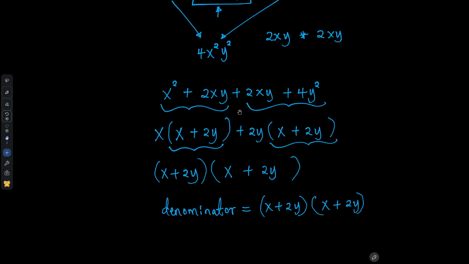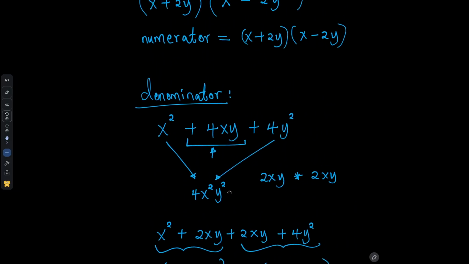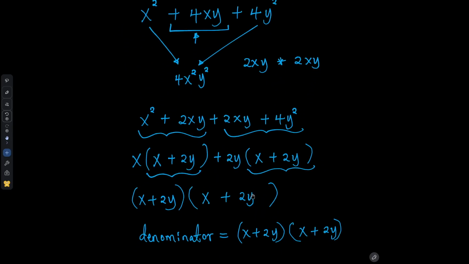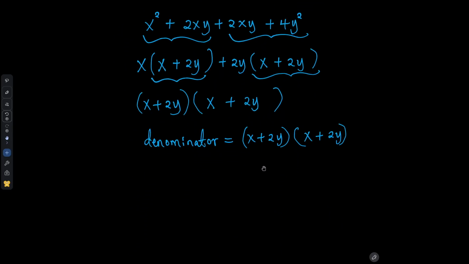Now it's time we do the numerator over the denominator. In the numerator, we had x plus 2y times x minus 2y, and in the denominator, we now have x plus 2y times x plus 2y.